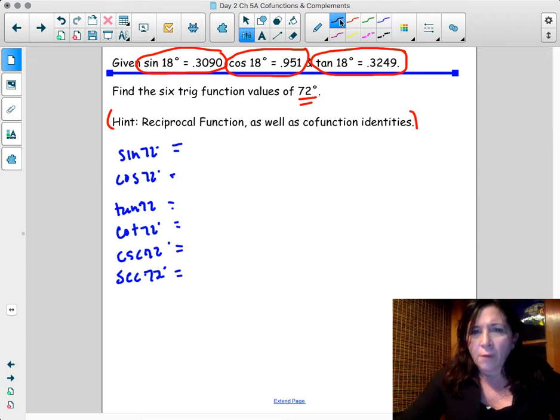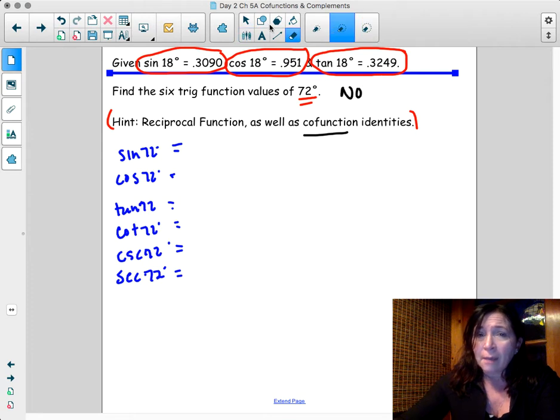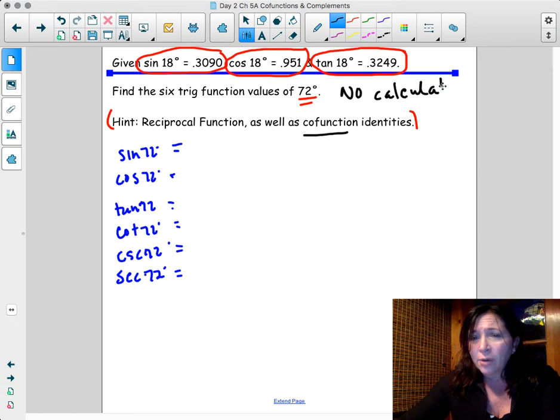So hopefully you went through this. Sine of 72 degrees. When you're doing these, I personally always start off with what I know regarding my cofunctions. Ignoring the values here, because this is a problem where you are not allowed to use a calculator, so no calculator. Without using a calculator, how are you going to find sine of 72 degrees given these?